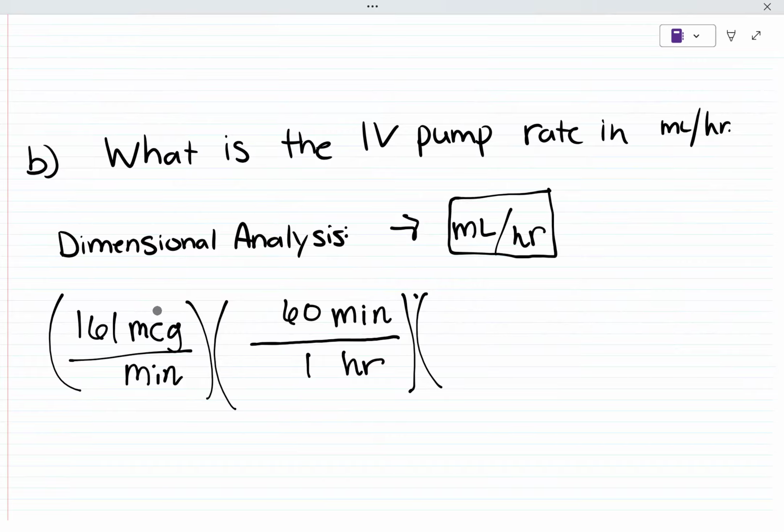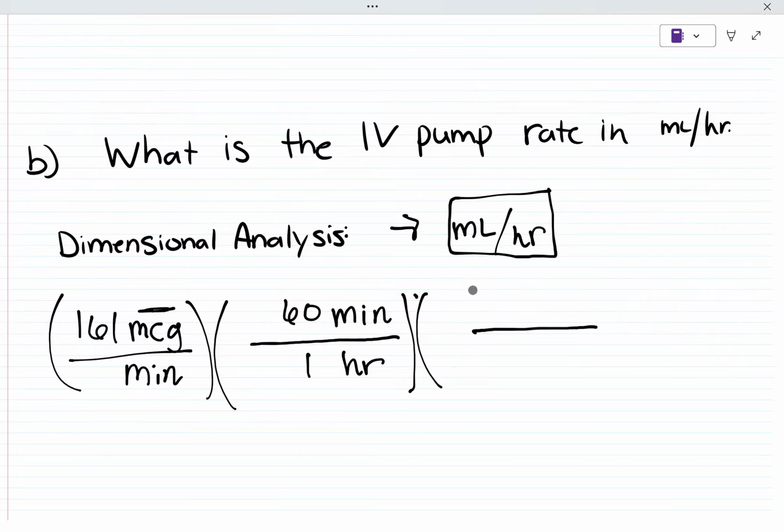And then somehow we have to convert this mcg into milliliters. So you kind of have to use your conversion rate. Oh, I know. We have to use what we have. It said dopamine 400 mg in 250 milliliters, right?